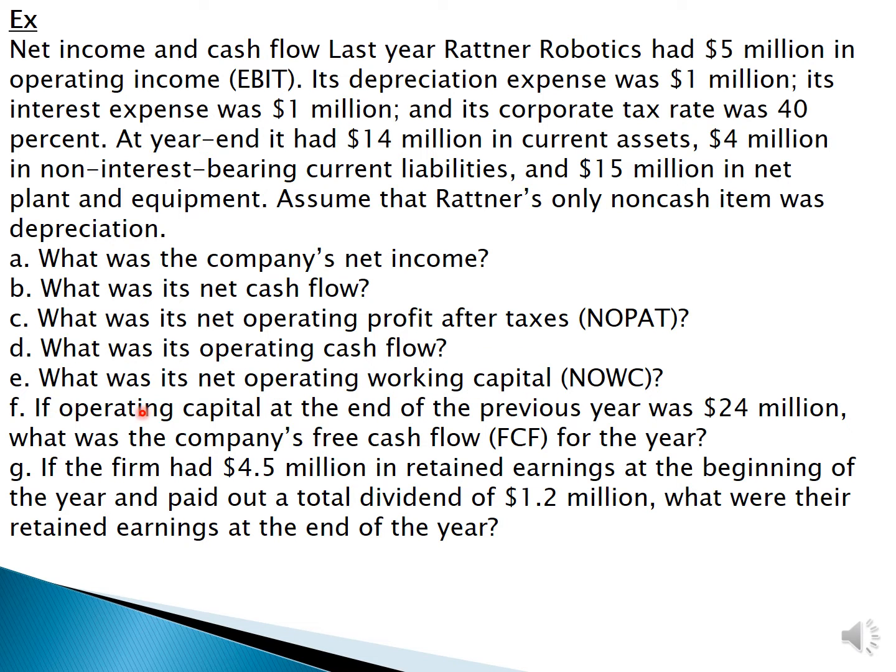And he's saying if the operating capital at the end of the previous year was 24 million, what was the company's free cash flow for the year? And he's asking also if the firm had 4.5 million in retained earnings at the beginning of the year and paid out a total dividend of 1.2 million, what were their retained earnings at the end of the year?